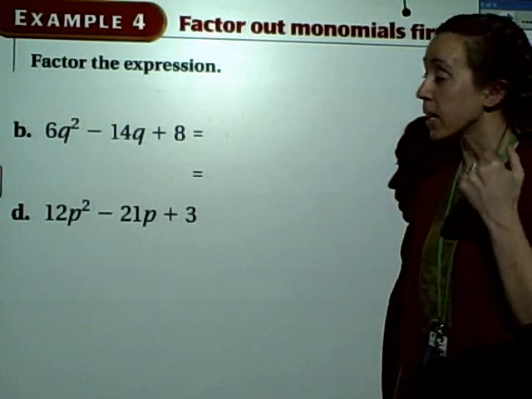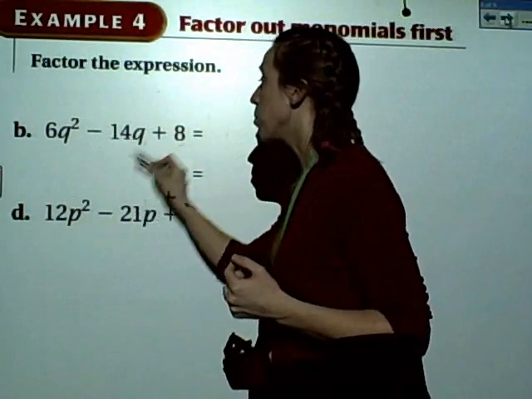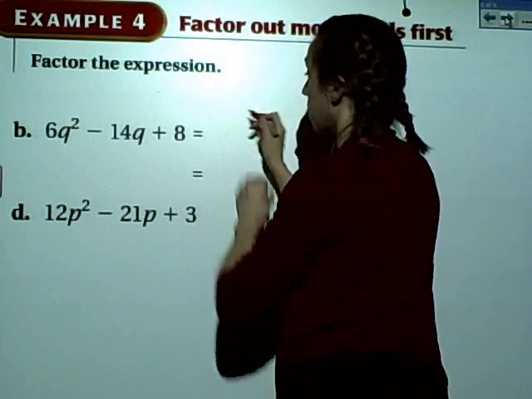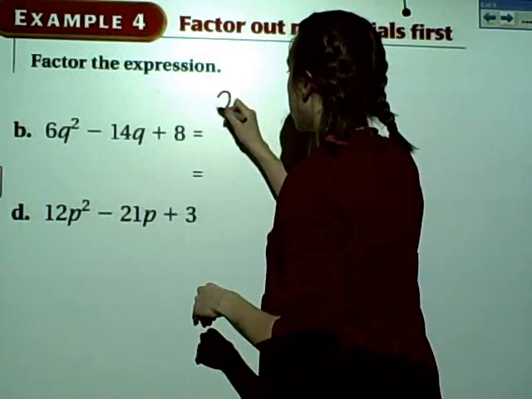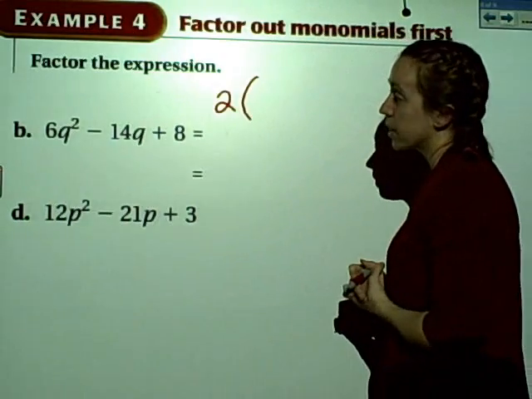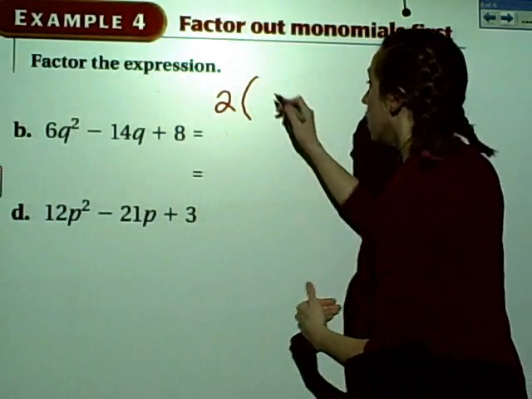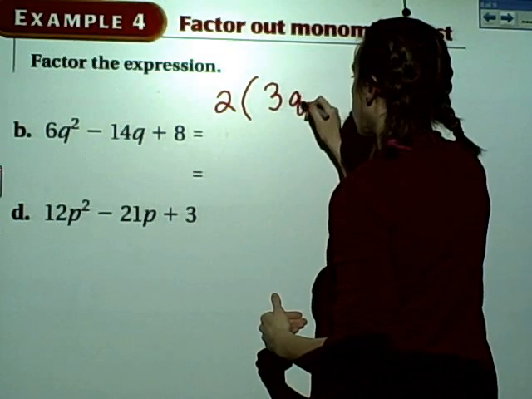But we're seeing that you can take a number and divide each one of those. So all of those are divisible by 2. So I'm going to factor it out. I'm going to pull a 2 out of the equation there. So 6q squared divided by 2 leaves me with 3q squared.